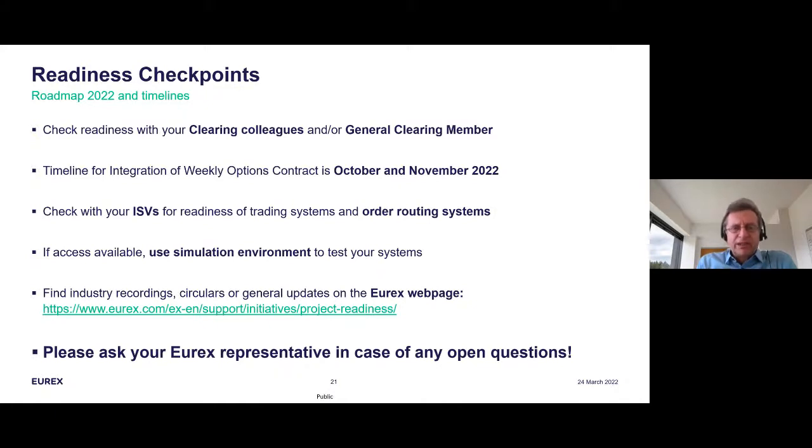So from a trading point of view, if you have done all your preparations, that's very good. But if your clearer is not compliant, then that doesn't fit. You should get in contact with your clearer in order to make sure that your clearer is also available to support sub-monthly expiring options.